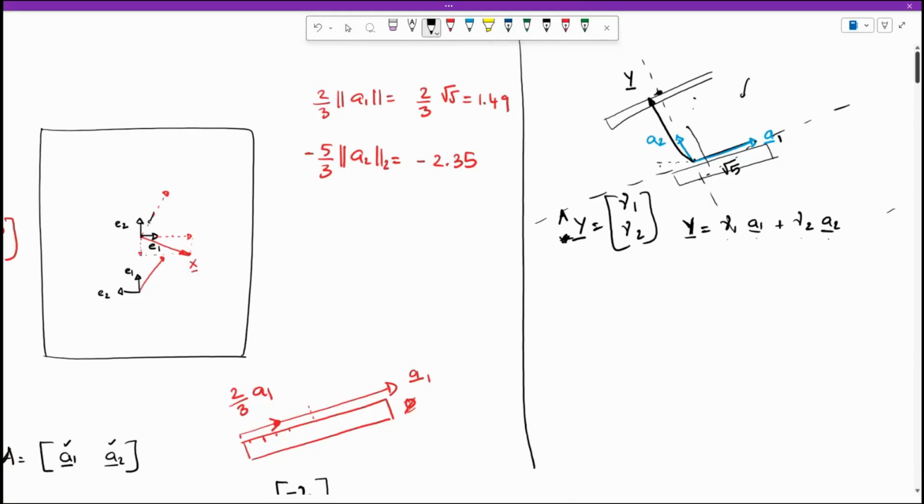Similarly, you keep the scale here, and then move it till the tip is at the tip of Y, and then find where it intersects with A1. Correct. So intercept here, and whatever this intercept is, it is on the A1 axis, the A1 subspace.